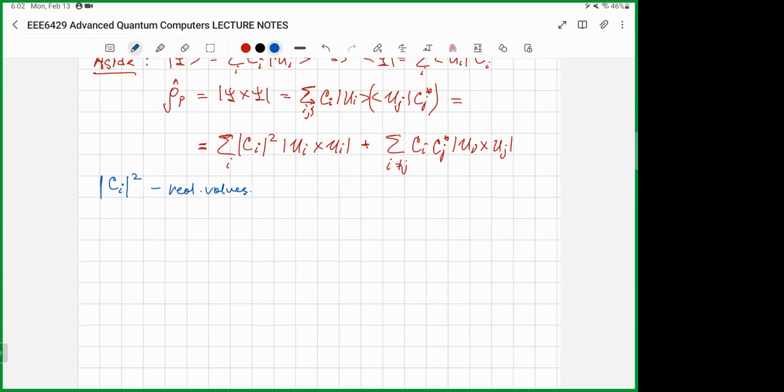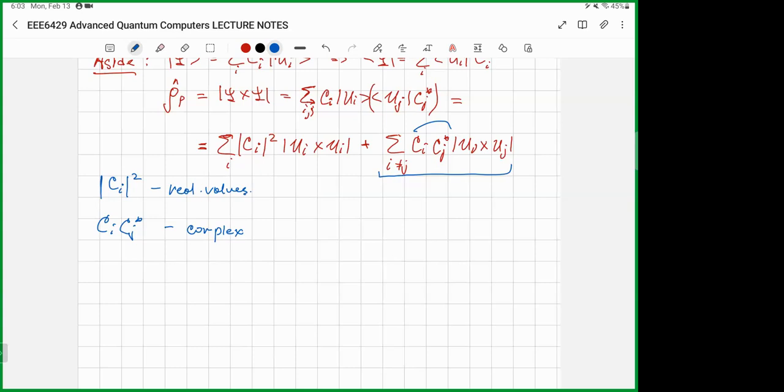But on the other hand, we also have these terms here, with these coefficients, Ci, Cj complex conjugation. And they are, of course, complex. Well, by definition, the projection in the Hilbert space, the projection of vectors, is a complex number.